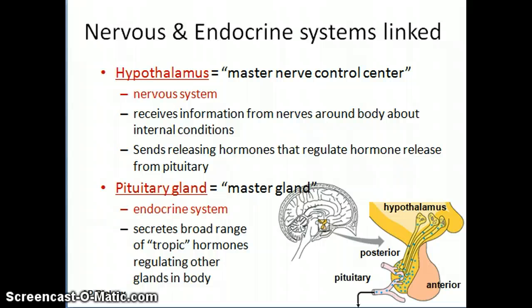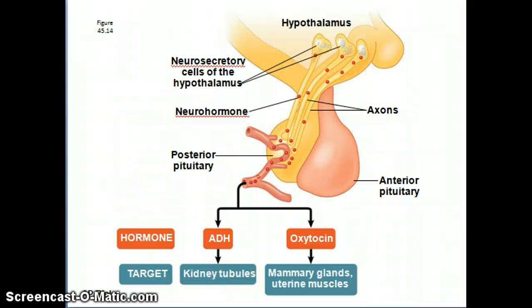The next picture is going to show a close-up of, again, the hypothalamus and the pituitary gland. And in this case, before we talk about what's going on here, a neurohormone is something that is produced by a nerve cell and secreted into the circulatory system.